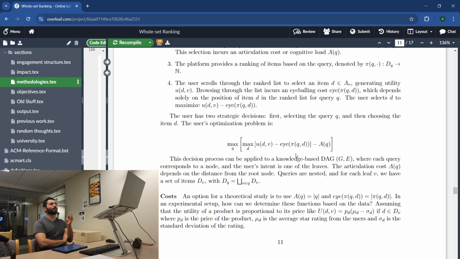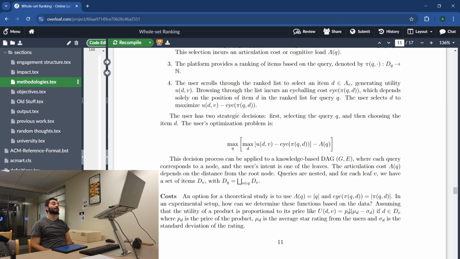And we know UDV, for example, it is PD, price times expected rating minus the variance of it, something like that, standard deviation. So we have UDV. Then we want to compute eyeballing cost, and we have pi too, right?